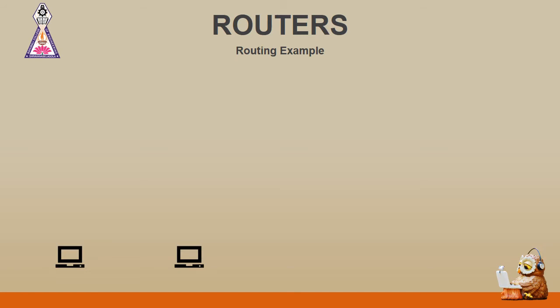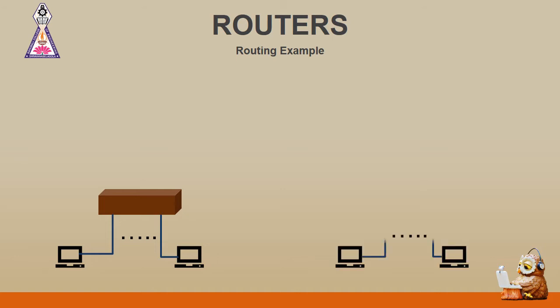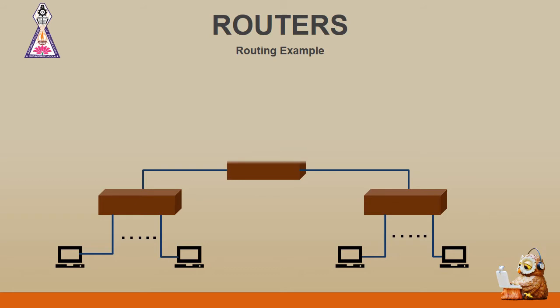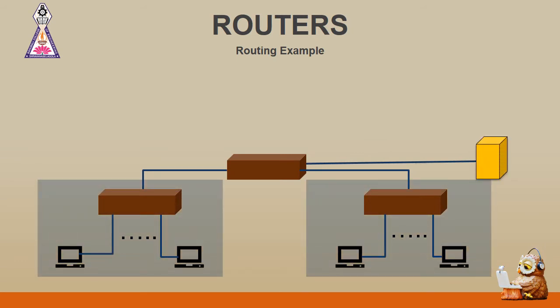So let us consider an example that will illustrate the router functionalities. Here I have considered a local area network. Two different local area networks are connected by making use of a switch, and I have a server connected to that particular switch. In this example, two gigabit local area networks are combined together to give an overall picture of a 10 gigabit local area network.